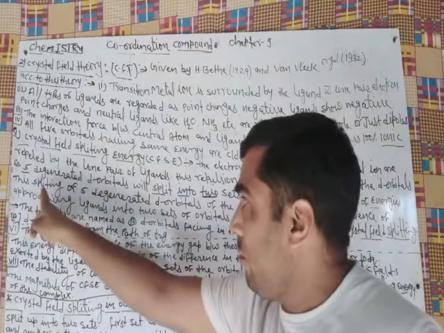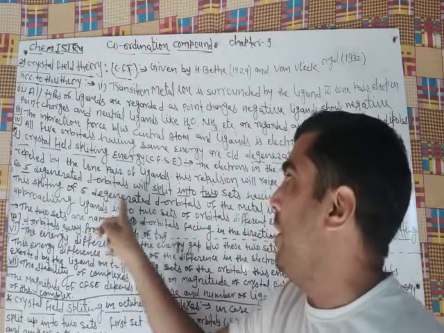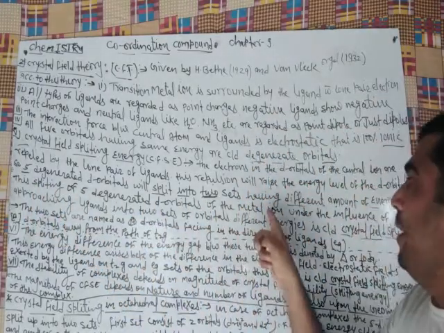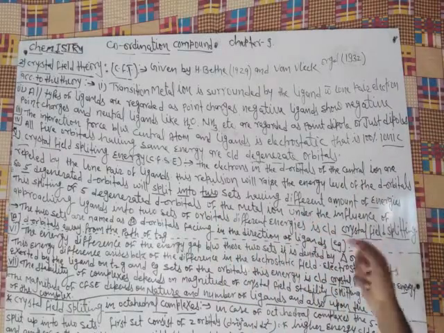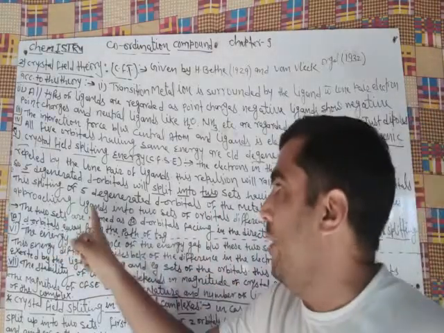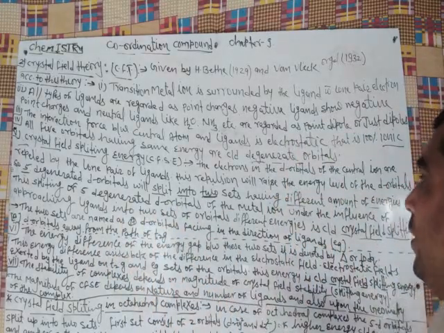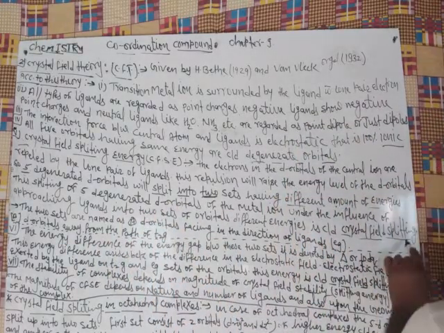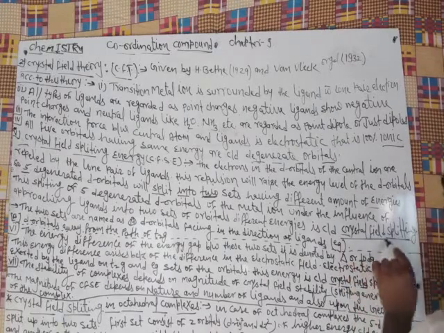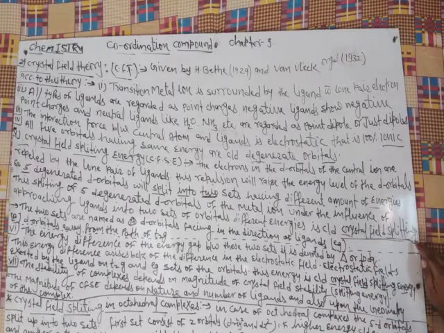This splitting of the five degenerate d orbitals of the metal ion under the influence of approaching ligands into two sets of orbitals of different energy is called crystal field splitting energy.